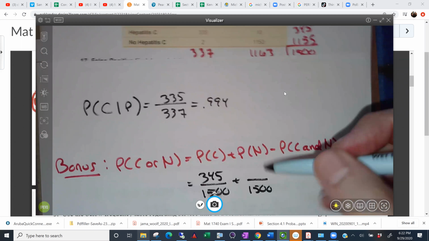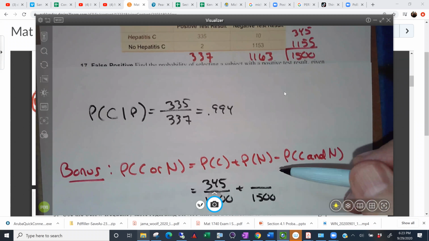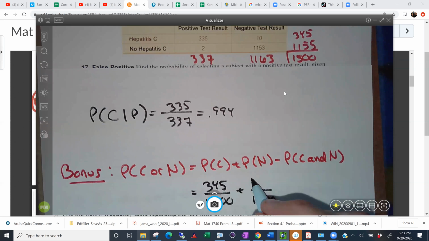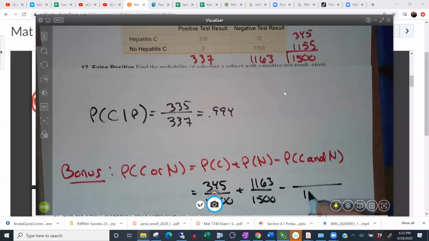What's P of N? 1,163 over 1,500. Good. Now this last one is still going to be over 1,500.